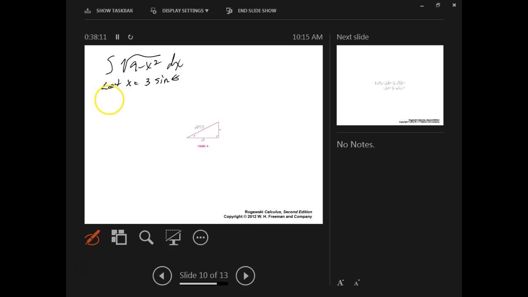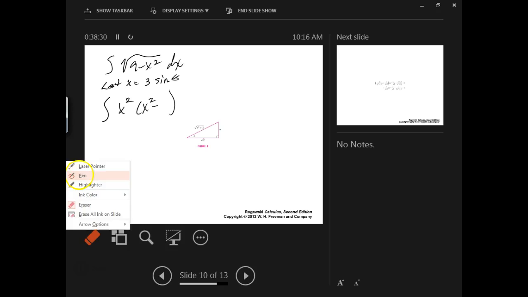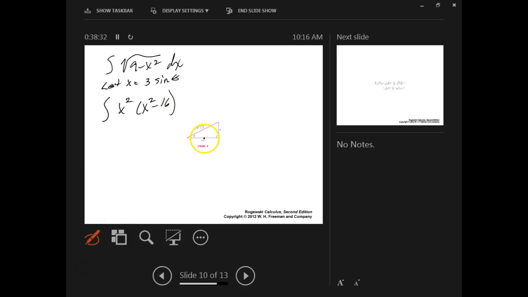B is the integral of x squared times x squared minus 16, to the 3 halves power, dx. That's an ugly 16. Any trig substitution here?